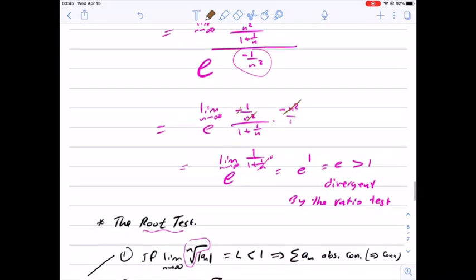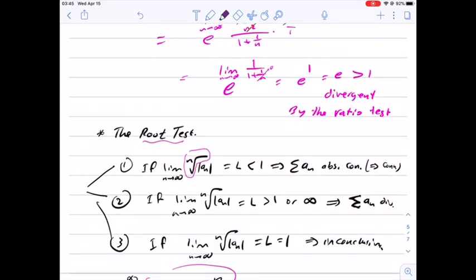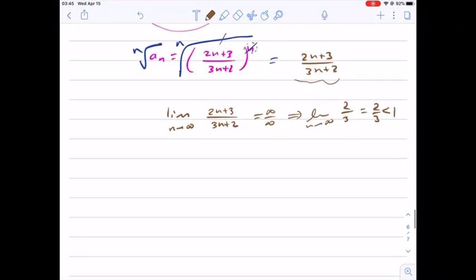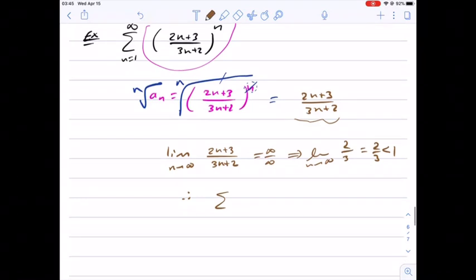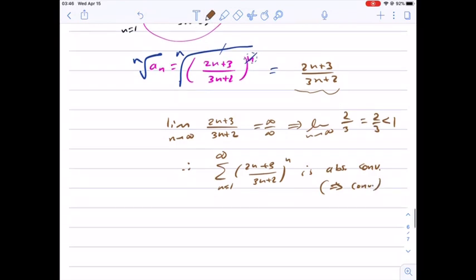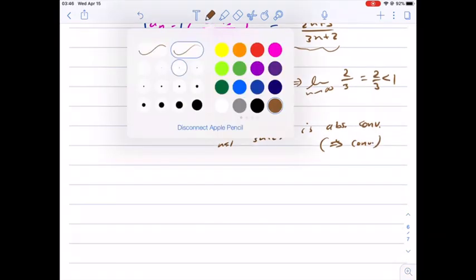This is less than 1, and since it's less than 1, that means it's absolutely convergent. So the series 2n plus 3 over 3n plus 2 raised to power n from 1 to infinity is absolutely convergent, and thus it's convergent.